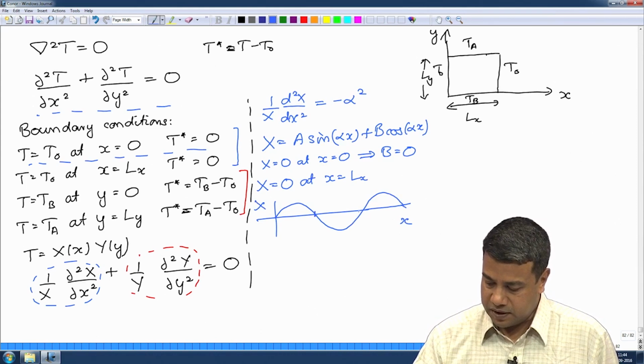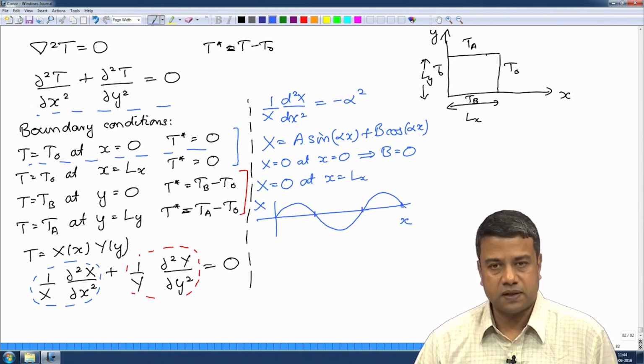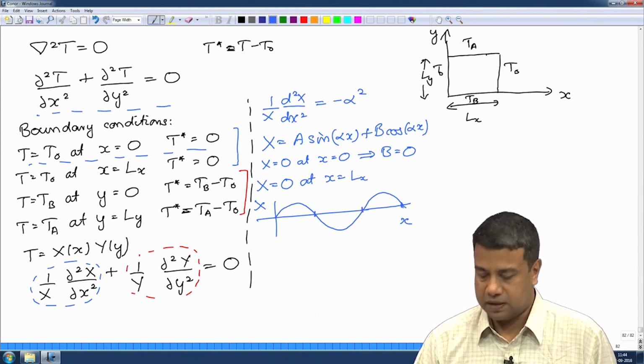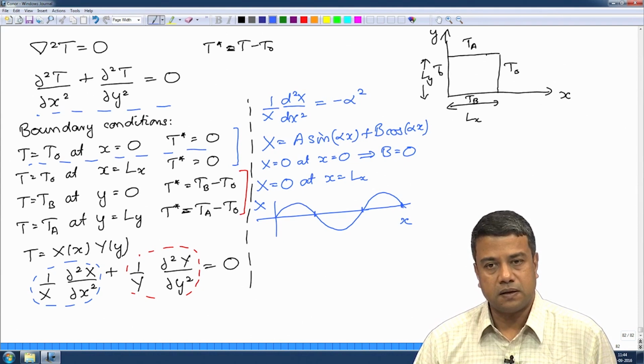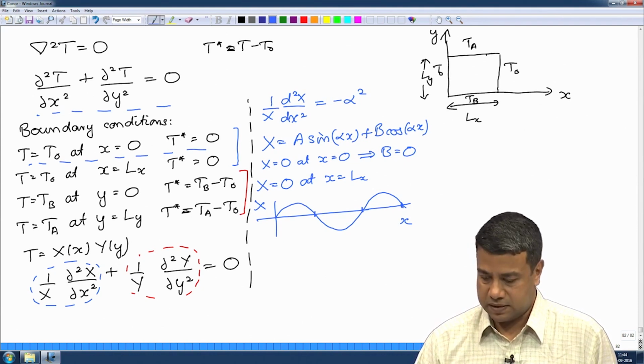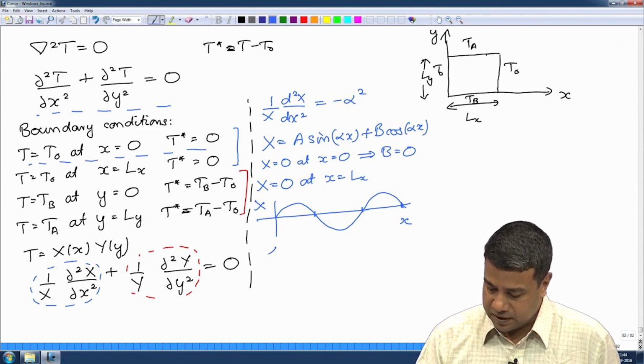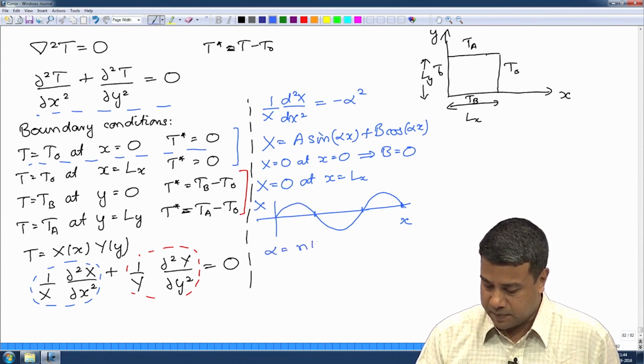Therefore, alpha has to have specific values so that the value of X becomes 0 at x is equal to Lx. The solution for that is that alpha is equal to n pi by Lx.